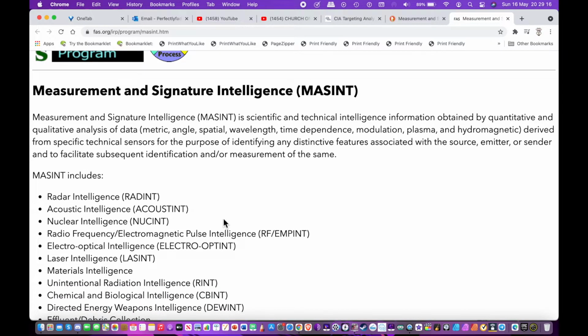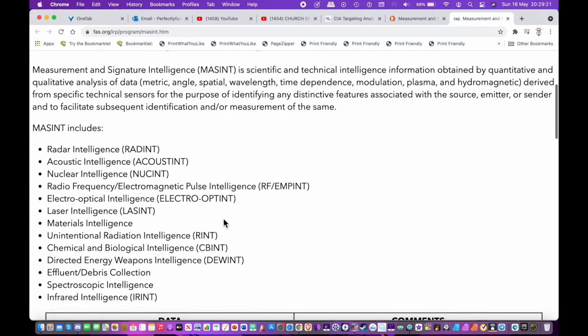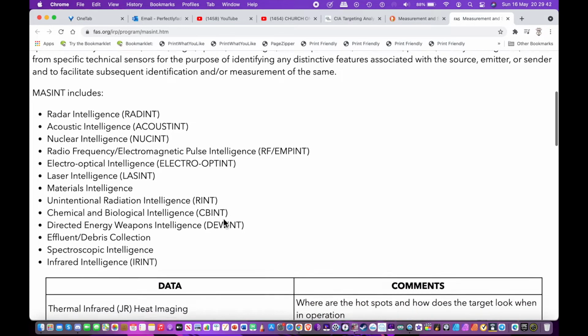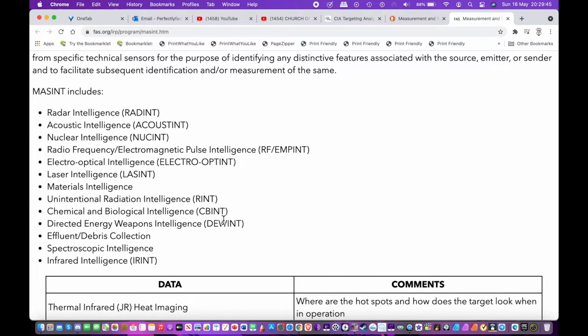MASINT includes radar intelligence, RADINT, acoustic intelligence, ACINT, nuclear intelligence, NUCINT, radio frequency electromagnetic pulse intelligence, RF/EMINT, electro-optical intelligence, ELECTRO-OPTINT.